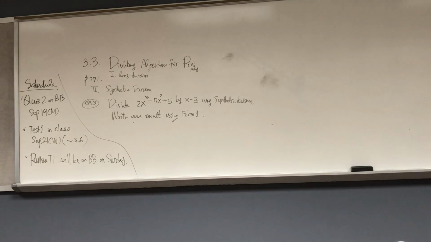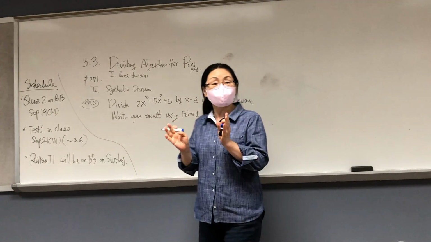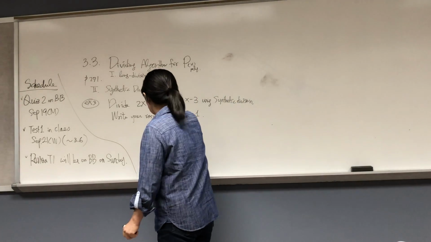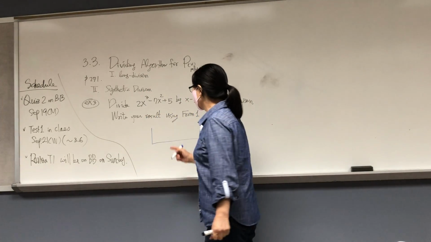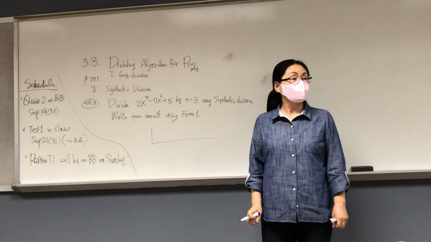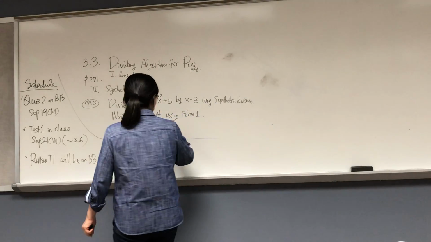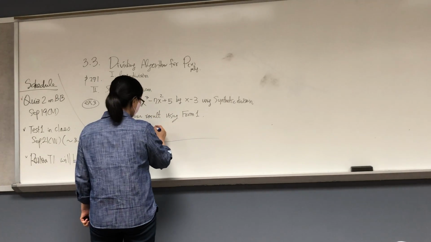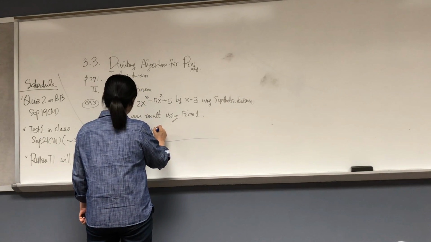What do you need to do first? You have to set up the synthetic table. What do I need to put here? Do you remember synthetic division? Just the coefficients, that's right.